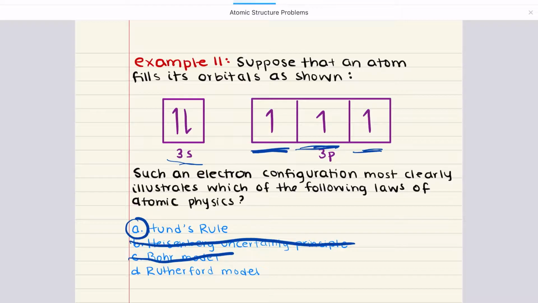Rutherford model: this describes the atom as having a dense nucleus surrounded by electrons, and it does not provide any details on electron configuration within energy levels. So this is far away from being the correct answer. So in short, the correct answer to problem 11 is going to be A, Hund's rule.